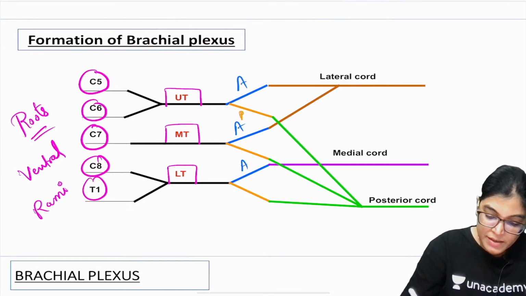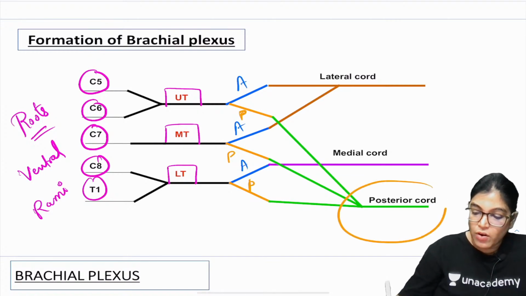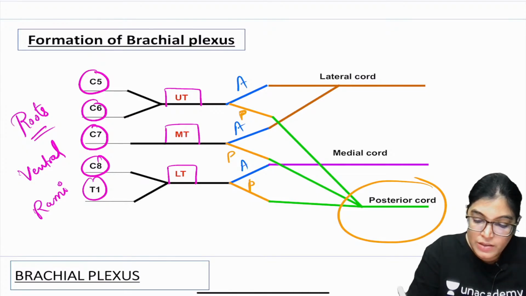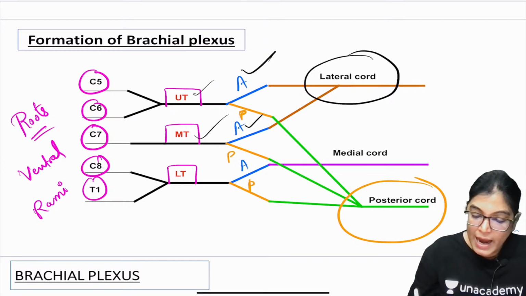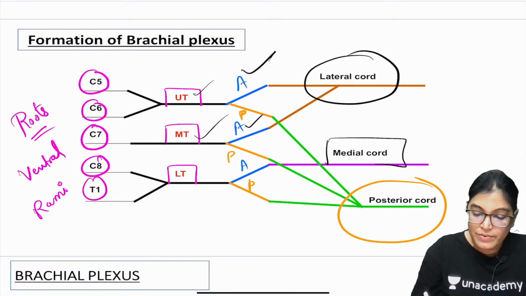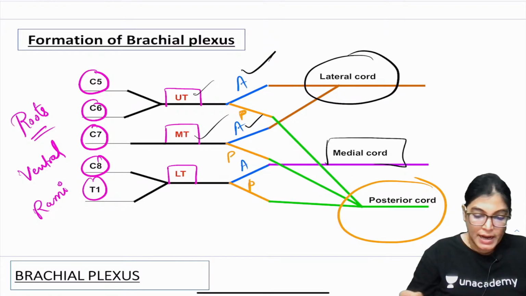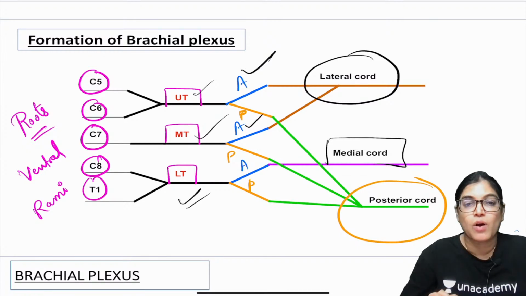Yellow color is P. So, see here, all the yellow posterior divisions will join to form the posterior cord of brachial plexus, and here you can see the lateral cord is formed by joining the anterior divisions of upper and middle trunks, and the medial cord is formed by the anterior division of the lower trunk.